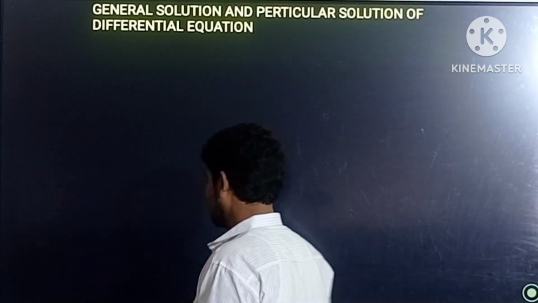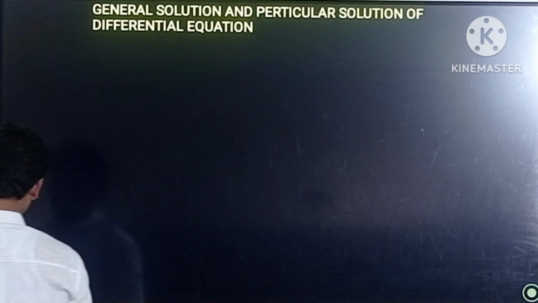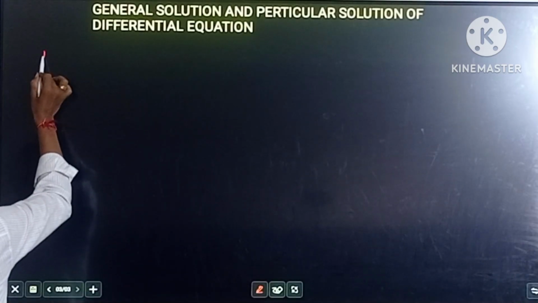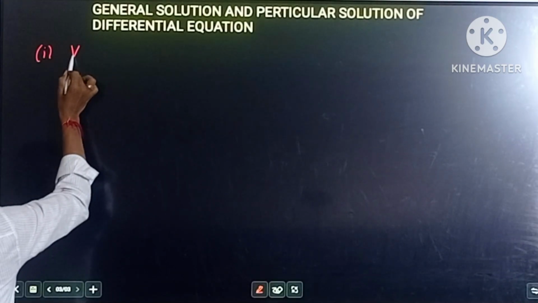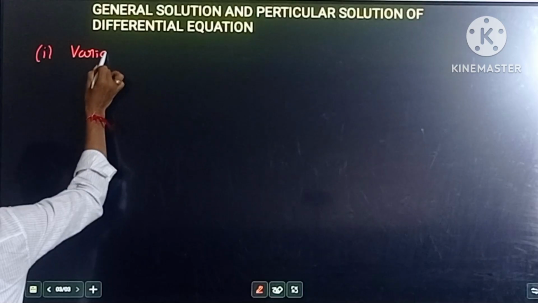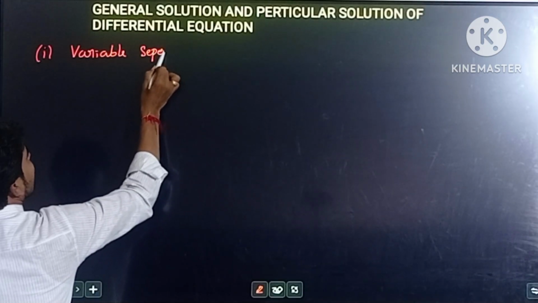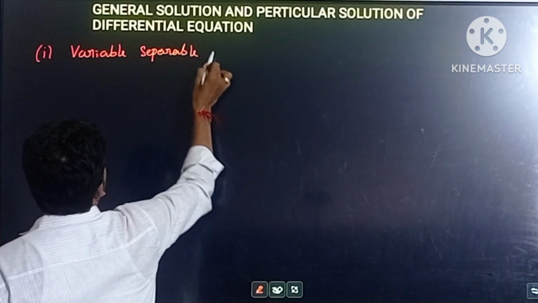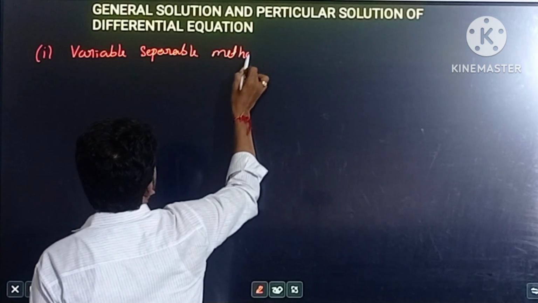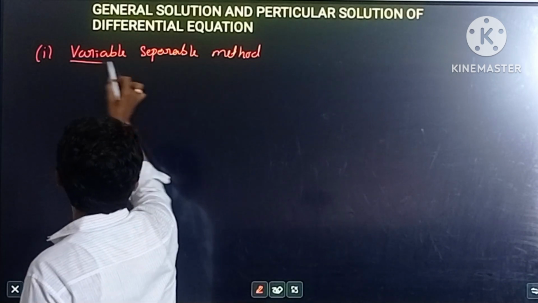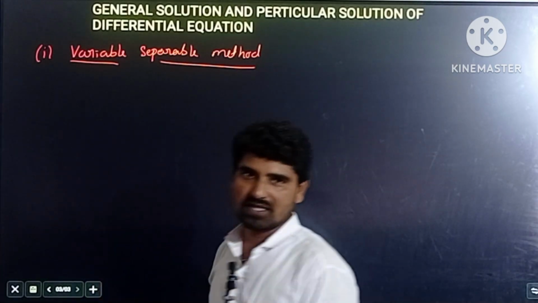In that, the first one is the variable separable method. The second one is homogeneous differential equations.